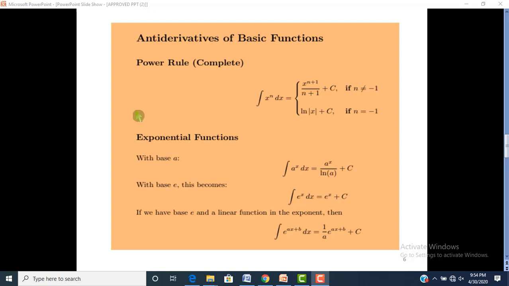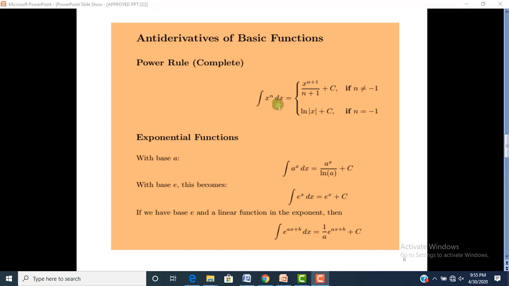Here are also some antiderivatives of basic functions. Dear students, you will mostly apply the power rule in your lectures, and the power rule is very simple. Let us suppose we have integral x raised to power n dx, where n is the power of x.